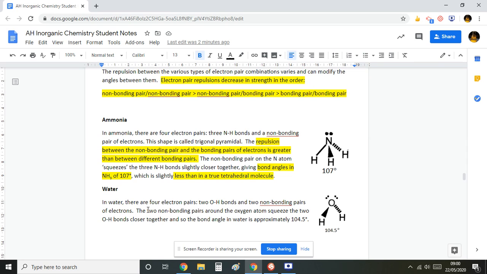So the 2 non-bonding pairs around the oxygen atom squeeze the 2 oxygen to hydrogen bonds closer together, and so the bond angle is reduced even further.